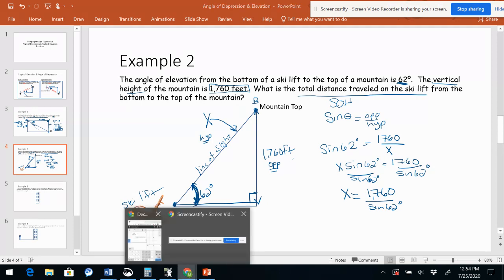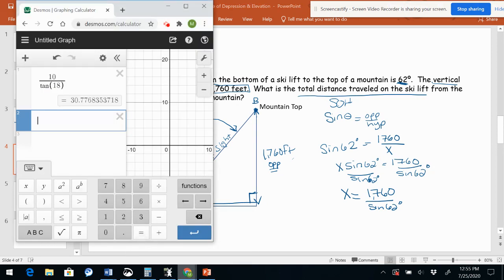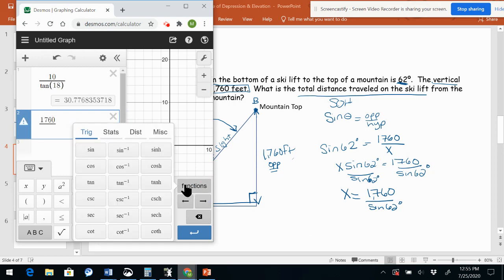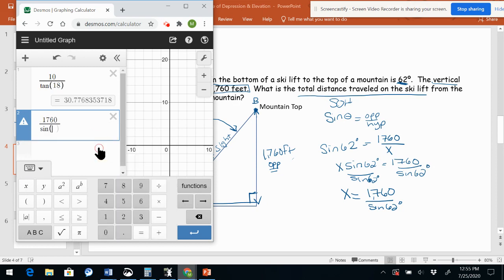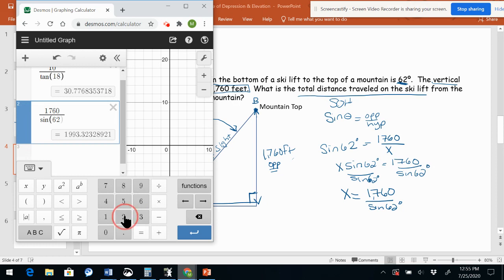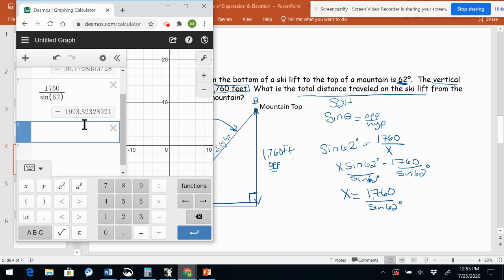Again, I'm going to use my graphing calculator to calculate that. I'm going to type 1,760. And I'm going to divide that by, I use my trig functions down here, sine of 62, and I can see that's going to give me 1,993.3 feet.